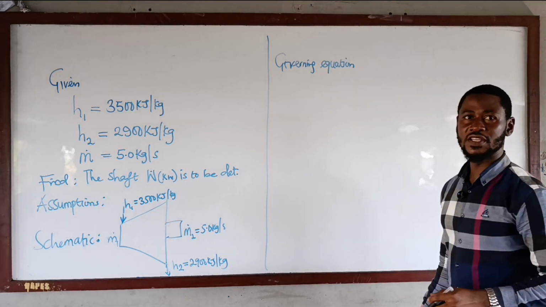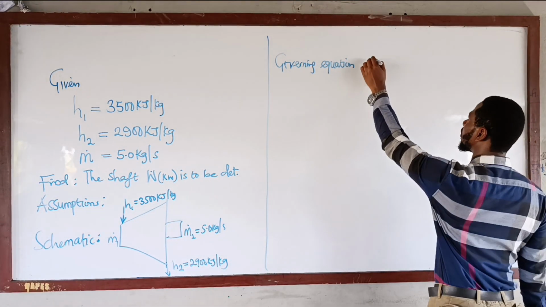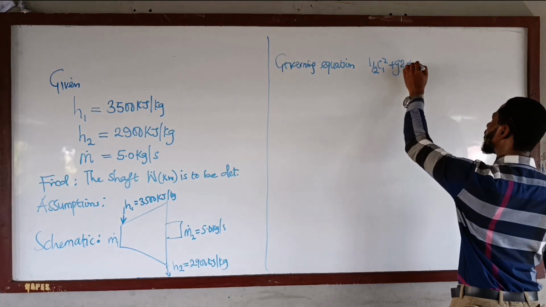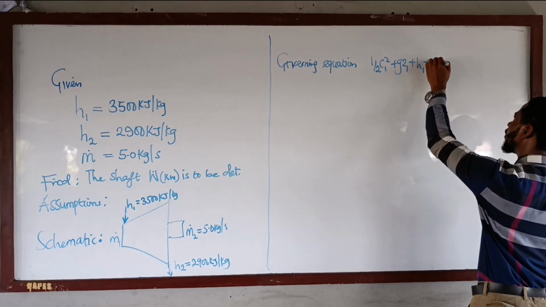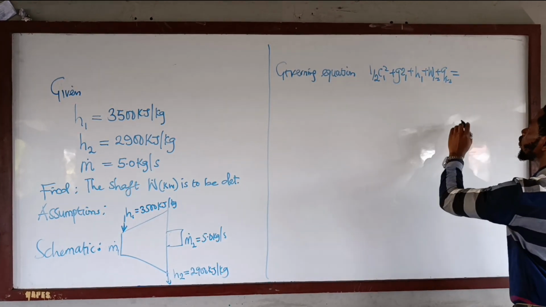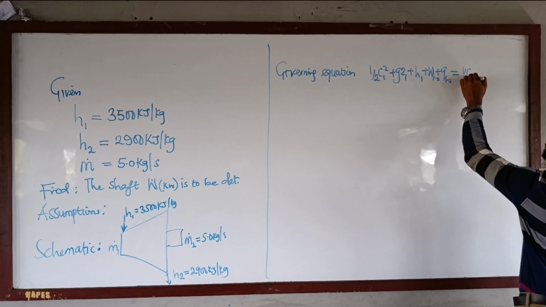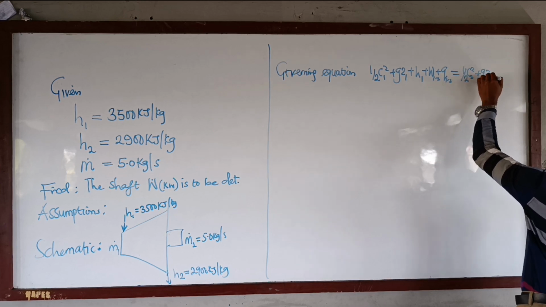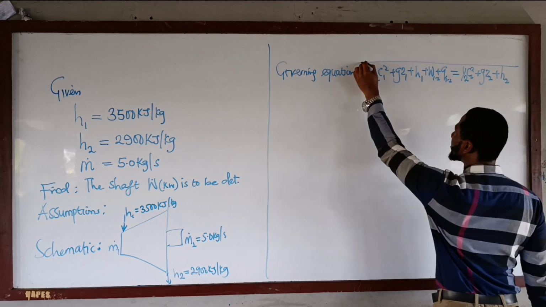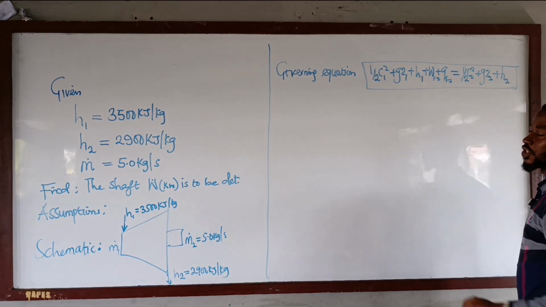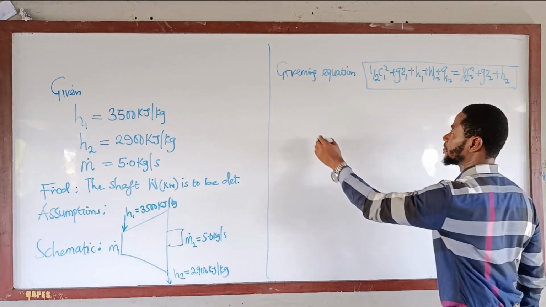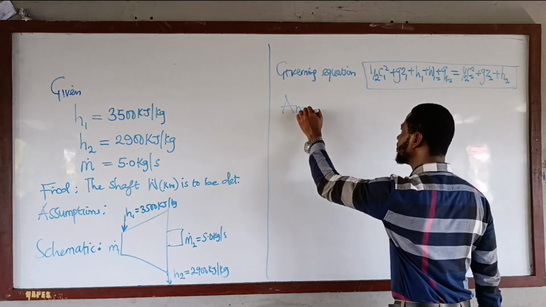The governing equation is the steady flow energy equation: 1/2 C1 squared plus gZ1 plus H1 plus W1-2 plus Q1-2 equals 1/2 C2 squared plus gZ2 plus H2. This is the governing equation. The next step is to start the analysis.